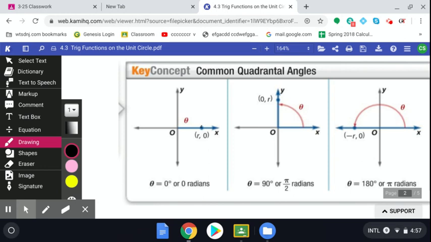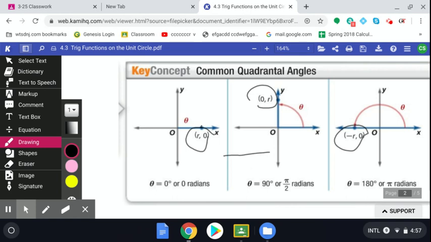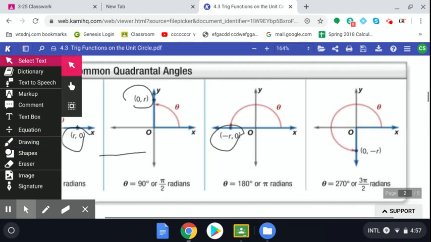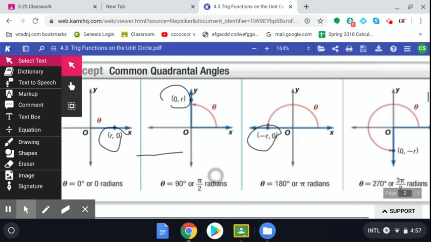You have the radius, 0. Then 0, the negative radius, because it's to the left. And then over here, 0, negative radius.